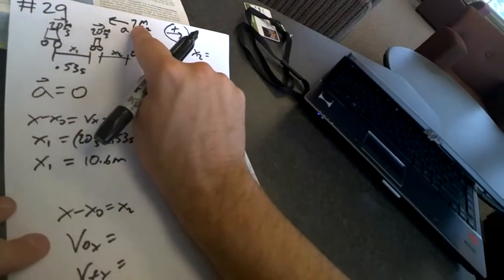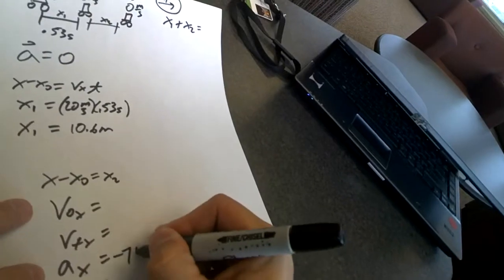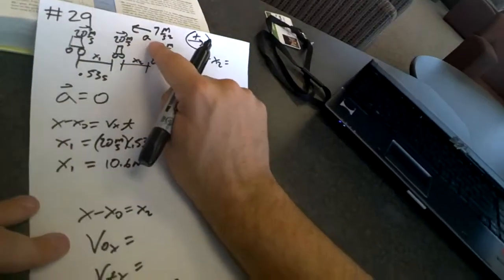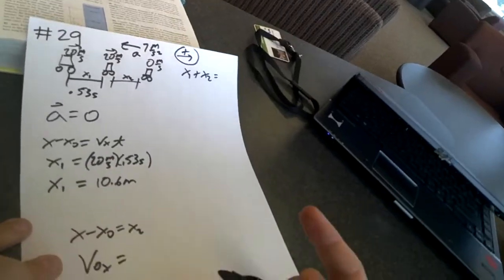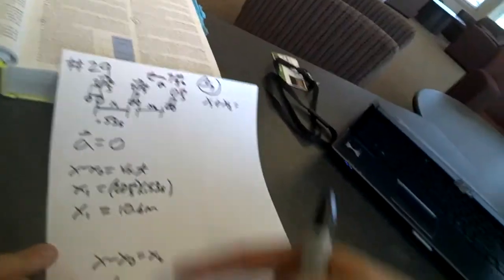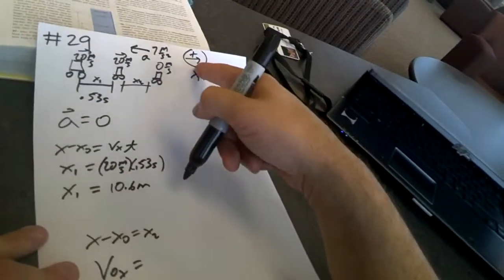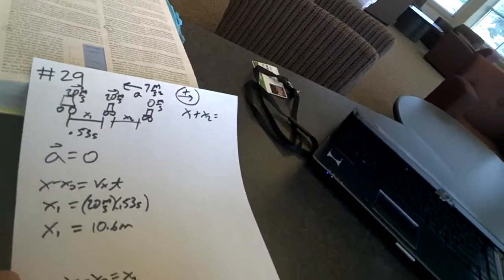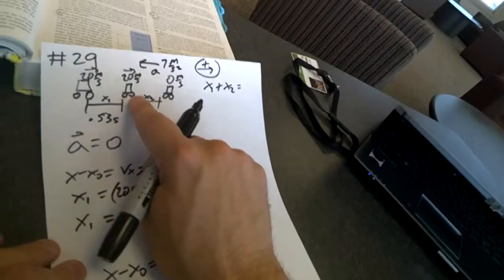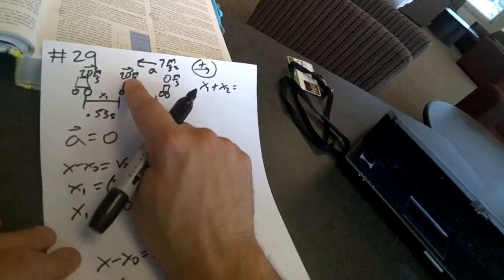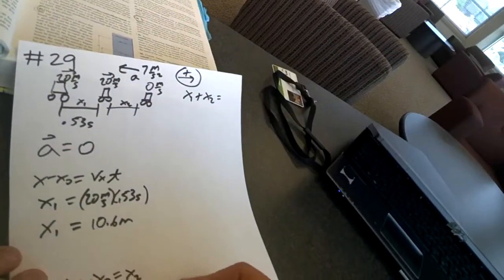Acceleration, 7 to the left, so negative 7. The 7 was given in the problem, and I know it's opposite the velocity, and it just so happens in this problem that that acceleration to the left would be negative, because I've called right positive. I come to a stop, so that's 0. And for v initial, well, what did I start at when I stepped on the brakes? I was going 20, so that's my initial.